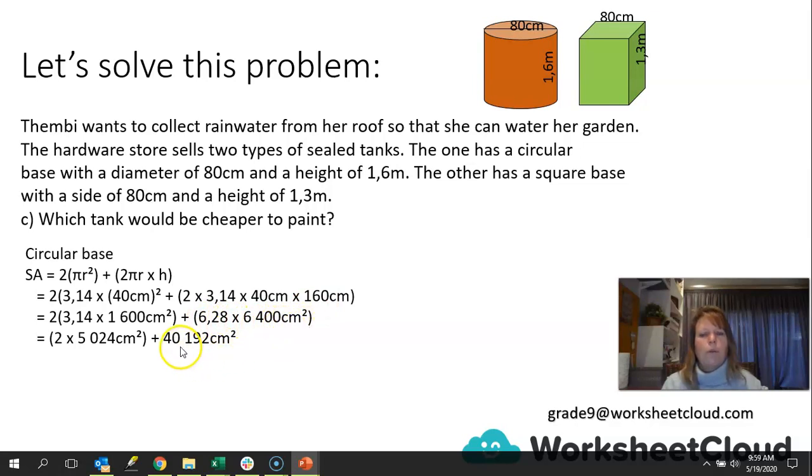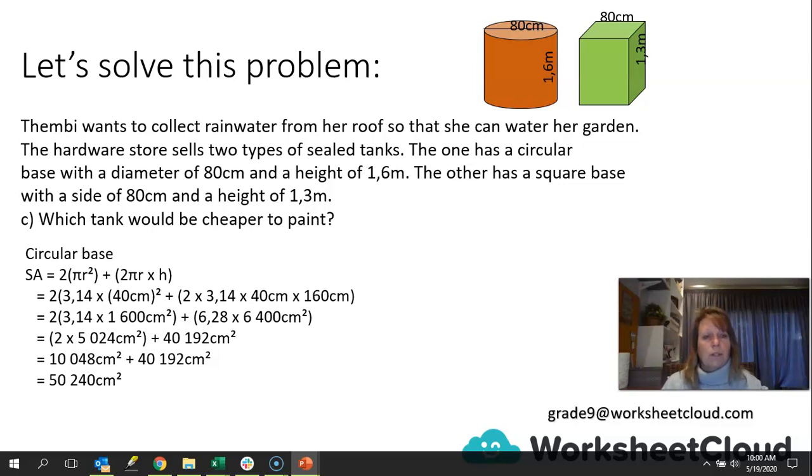We're going to end up with 40,192 centimeters squared. So our bases together give us 10,048 centimeters squared. Add it to our rectangular area, and together they're going to give us 50,240 centimeters squared. So that is the surface area that she's going to have to paint.